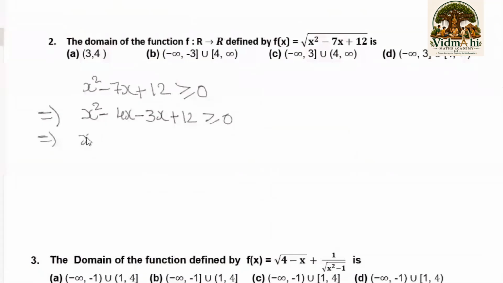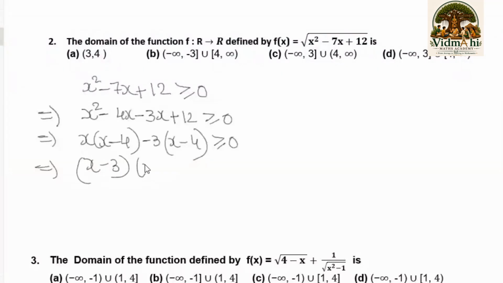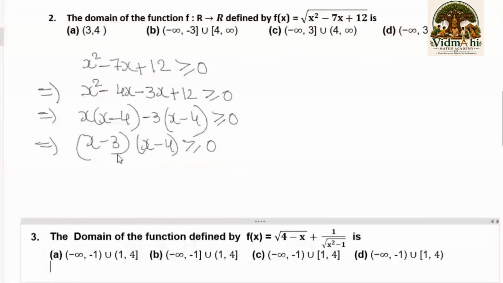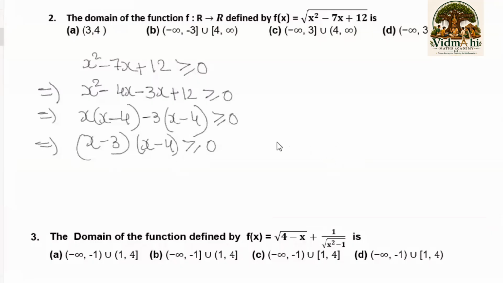Next, x common from the first two terms gives x minus 4, minus 3 common gives x minus 4. So x minus 3 times x minus 4 is greater than or equal to 0. So now the roots are x equal to 3 and x equal to 4. Now by using the wavy curve method, we have to find the intervals.